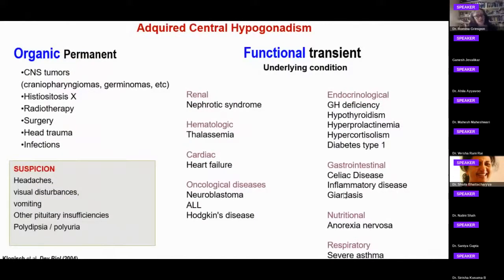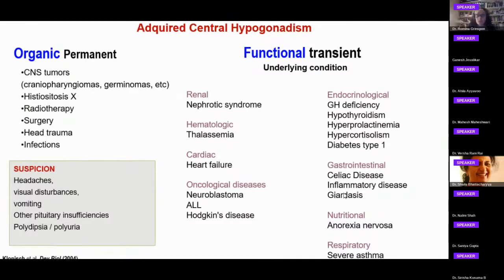Central hypogonadism can be congenital or can be acquired. In acquired forms, we can find organic forms that are usually permanent, and functional forms that are usually transient. Examples of organic forms are central nervous system tumors, histiocytosis, radiotherapy, surgery, head trauma, infections.